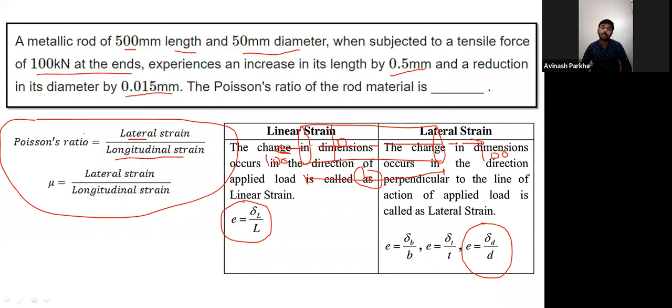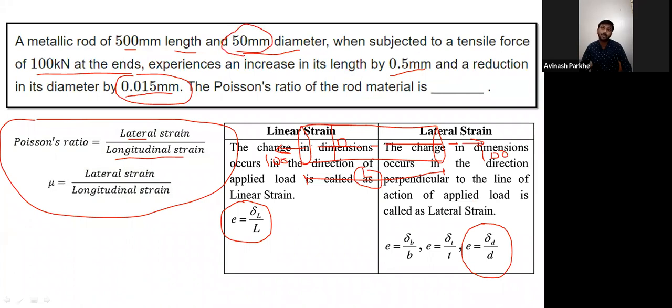So in this particular formula, the formula of the Poisson's ratio, what I have to do? Lateral strain is equal to change in diameter upon original diameter. We have to keep at the numerator side linear strain or longitudinal strain. We have to take delta L upon L, that means change in length upon original length. So change in diameter is given here. How much? 0.015 mm. Original diameter is given as 50 mm.